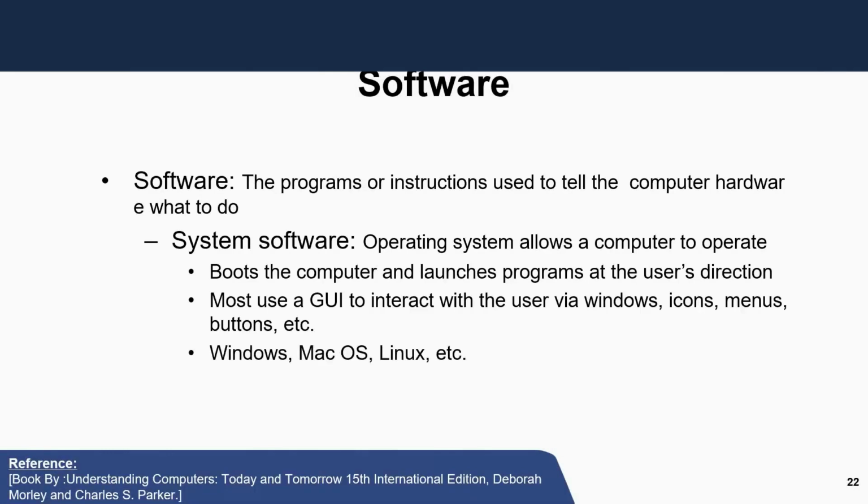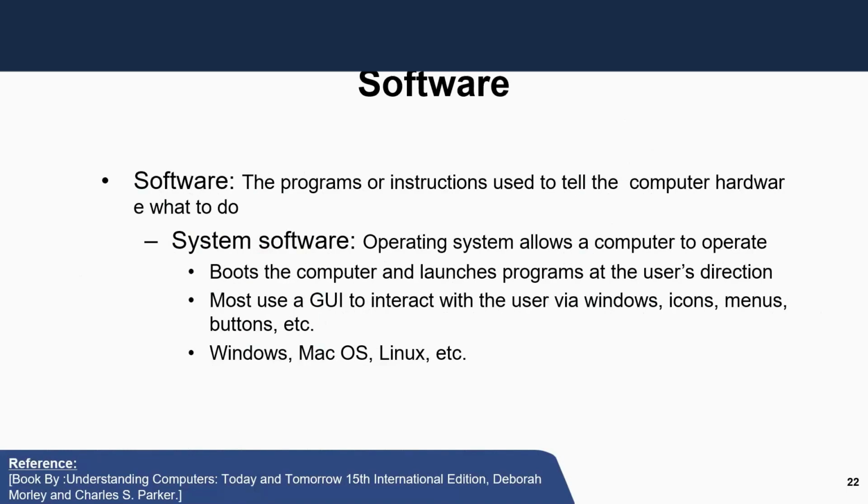Now software. There are two major categories of software. One is termed system software, and the second is application software. The difference between these two is how they interact with the computer itself. A system software is a bridge between a human being, the end user, that is you, and your computer hardware, because you cannot directly feed instructions to the processor.